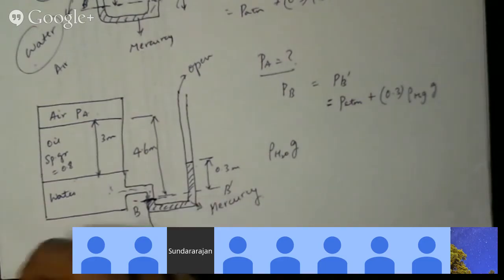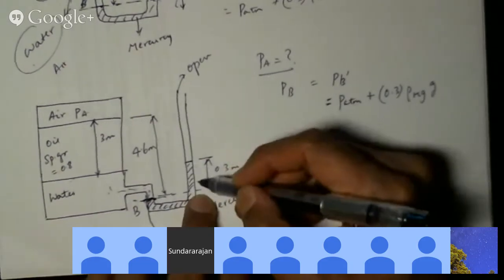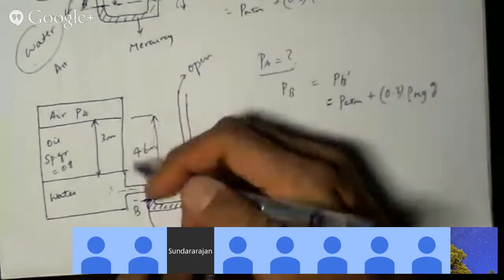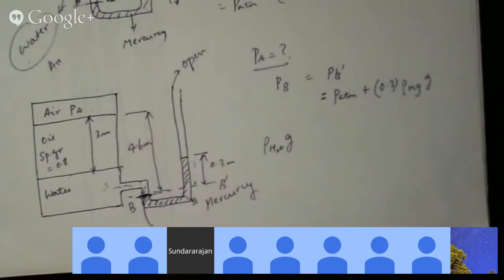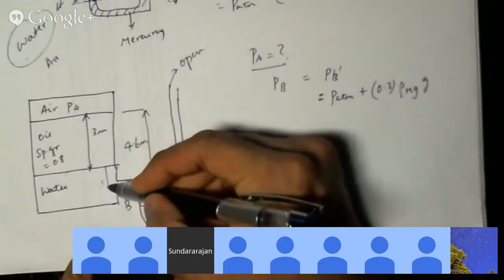What's the height of water above this? Isn't it 0.3? Why? How 0.3? 0.3 is this side. You're done with this side. Forget this. Now you're coming over to this part. Is it what Richard said? 1.6? Yeah, 1.6. So this is 1.6.